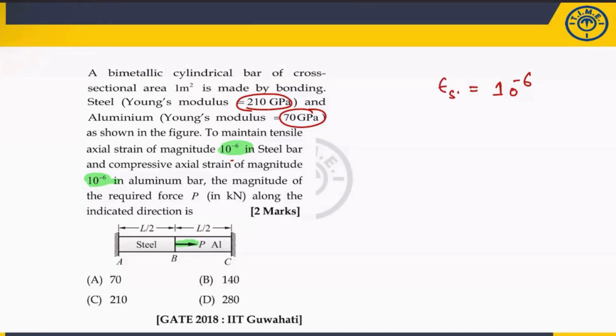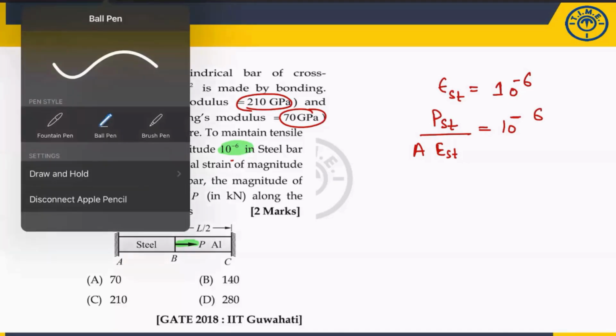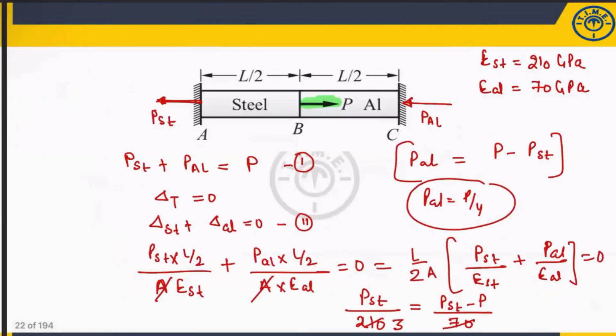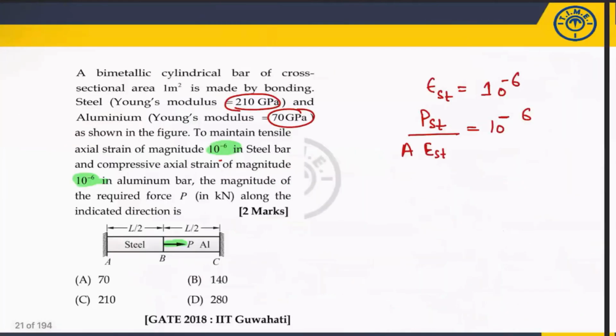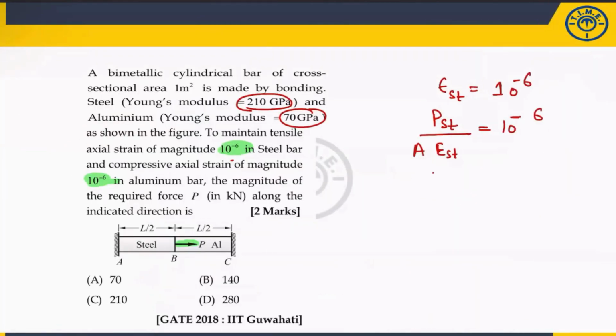So the strain of steel is P of steel divided by area into E of steel, equal to 10 to the power of minus 6. P steel you already calculated, which is nothing but P by 4. So can I write P by 4 here?